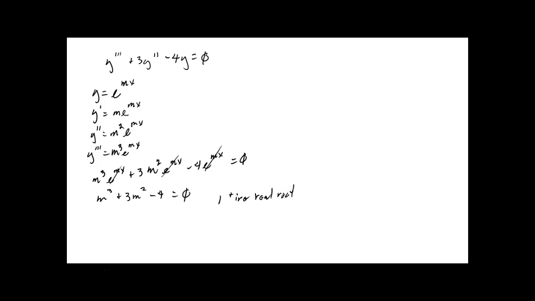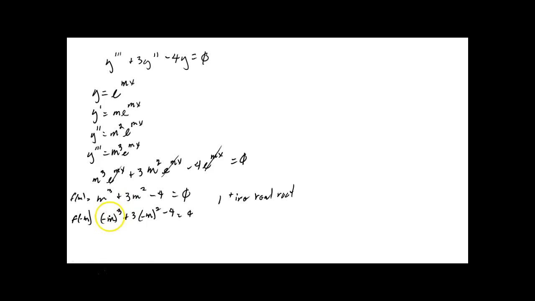Okay, now the next thing to do is imagine this as f of m, some cubic polynomial of m. Then do f of minus m. Everywhere you see an m, plug in a minus m. So that would be minus m cubed plus 3 times minus m squared minus 4 equals 0.